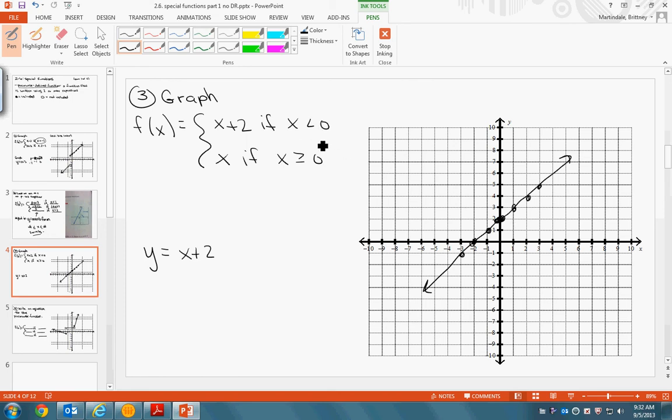Is that going to be open or closed? Open. So I need to make that an open circle. And left or right? They want the left side. So I'm going to erase everything on the right side. That is the only thing you should have is the left side of that line.